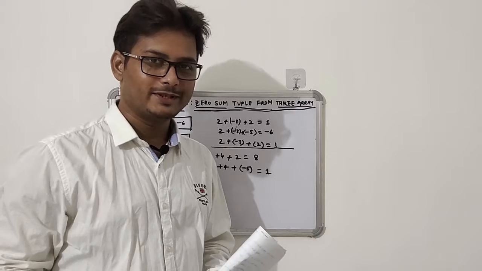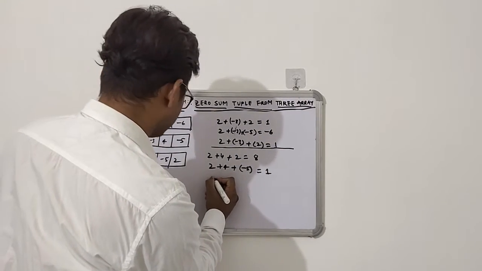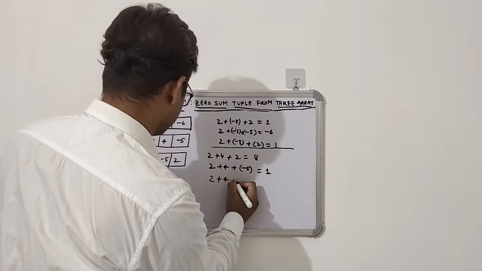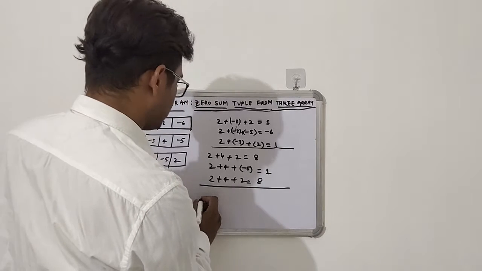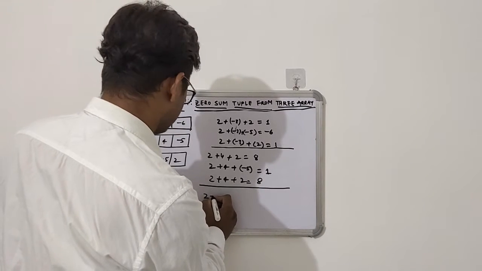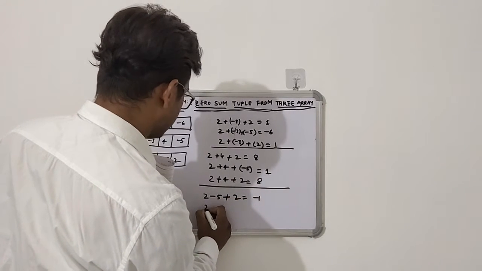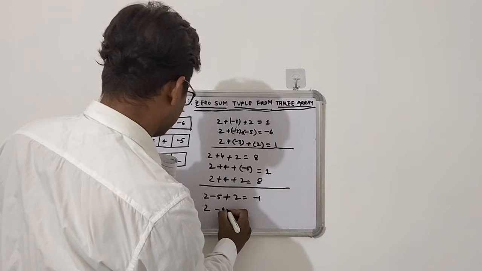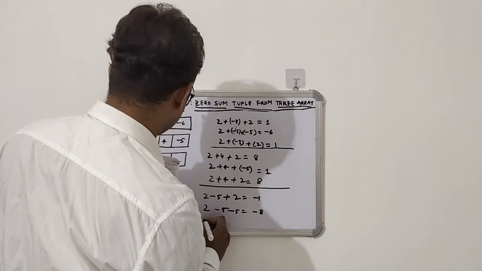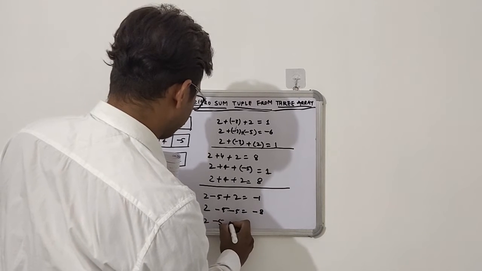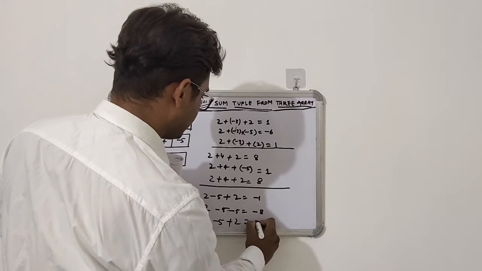If there is any mistake, then please let me know. Next 2 plus 4 plus 2, this will be 8, right? Now I will compute 2 minus 5 plus 2, this will be minus 1. Again 2 minus 5 minus 5, this will be minus 8, right? And 2 minus 5 plus 2, this will be minus 4.